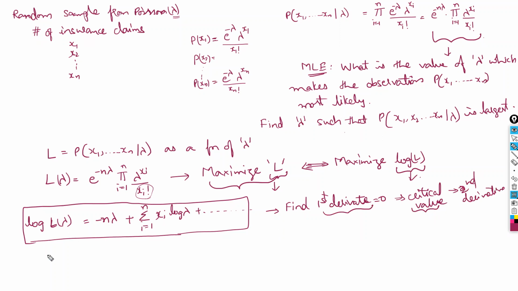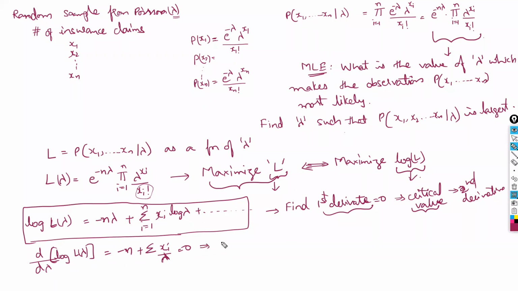Now, if you take the derivative, d by d lambda of log of L of lambda, what do you get here? Minus n plus sigma of xi divided by lambda. That's what you get when you find the derivative of this, right? Log x derivative is 1 by x. That's what we're getting here. This will remain as is.